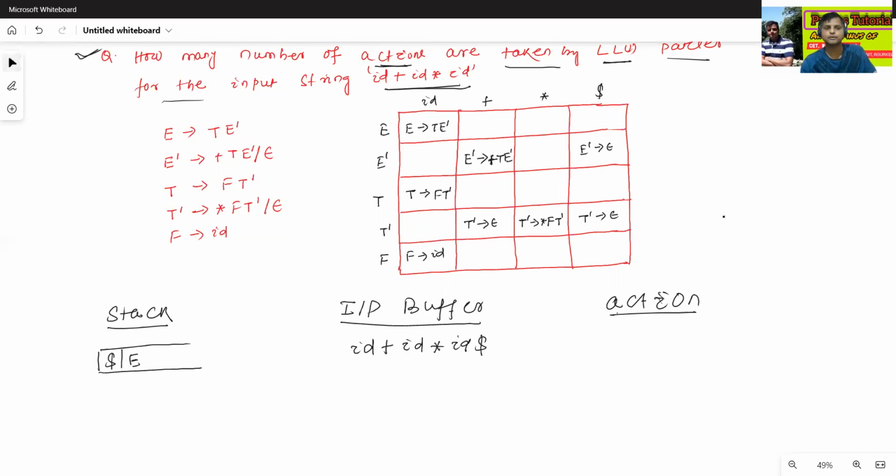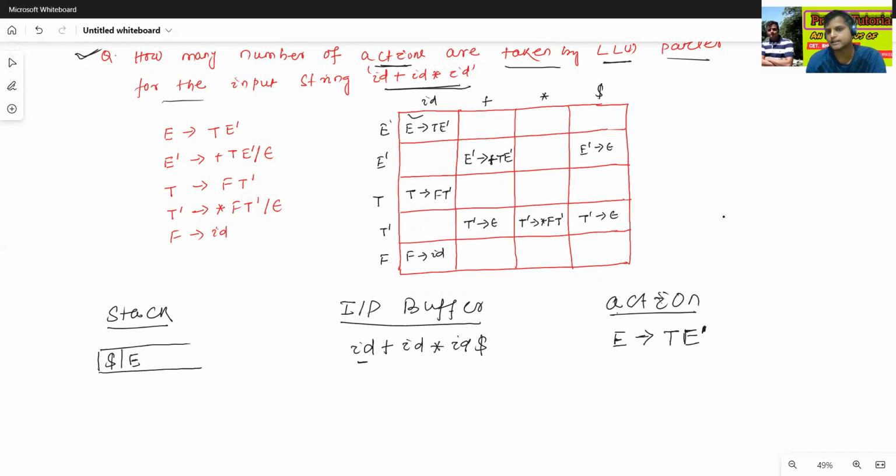Now we'll see M[E, ID]. E, ID means the production. The E, ID production is here: E to T E prime.